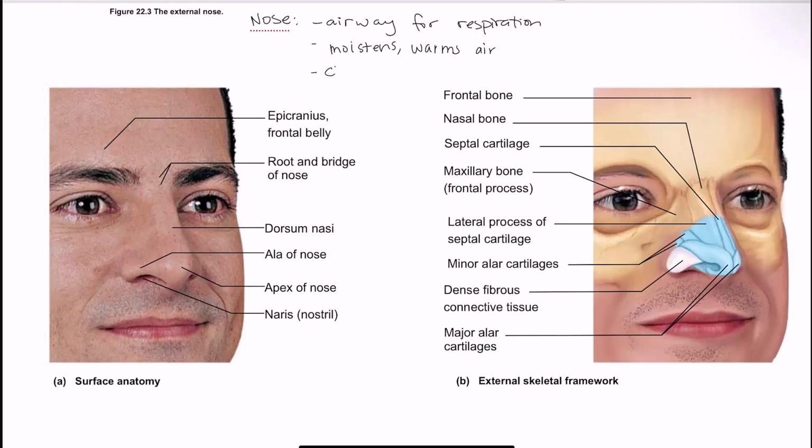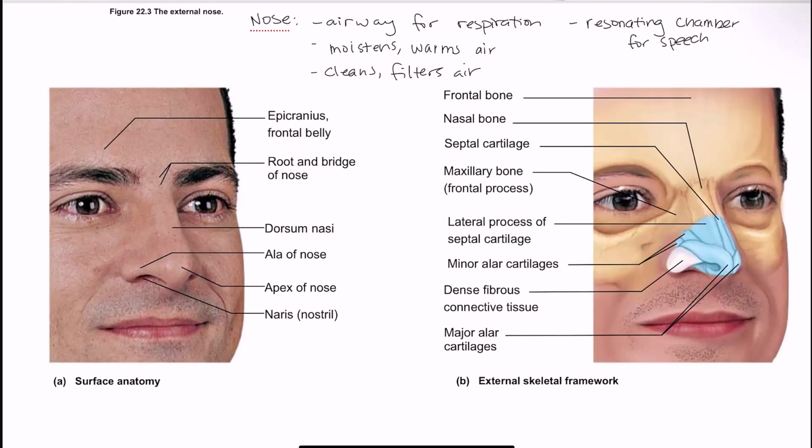It also cleans and filters air. We have some structures that do that, and I'll show you in a little bit when we get into the nasal cavity. The nose also acts as a resonating chamber for speech.